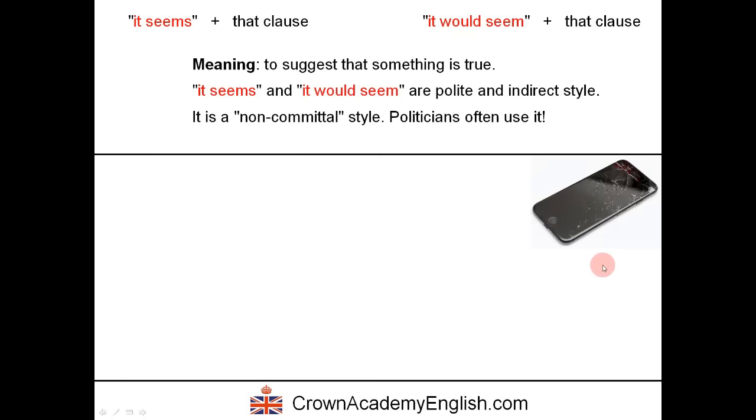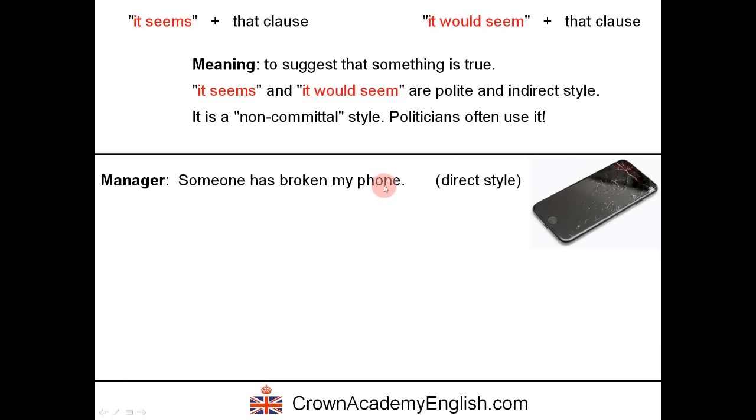So let me give you an example. So here is a broken phone, and this is a manager in a company, and he says, someone has broken my phone. Someone has broken my phone. So he's saying this to the staff of the company, the employees of the company. He's saying this to everyone.